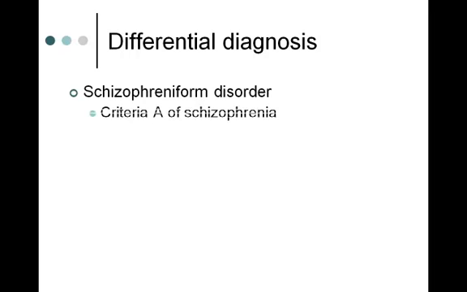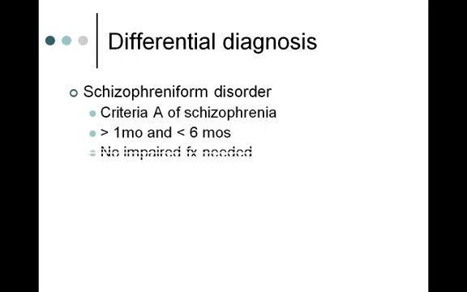So schizophreniform disorder is where you meet criterion A of schizophrenia, right, which is 2 active phase symptoms, and the disturbance is more than a month, but less than 6 months. Because remember, for schizophrenia, you have to have a month of active phase, and then the whole disturbance has to be 6 months or more. In schizophreniform, there's no requirement for impaired functioning in the diagnosis.